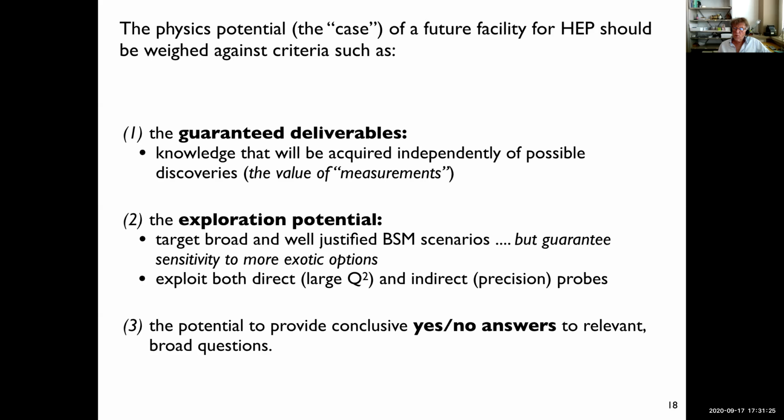Well, that is not a question that can be answered in a conclusive way. Of course, if SUSY is there and is discovered, then yes, we can conclude that it exists. But if no sign is seen, one cannot exclude categorically that it's not there, because one can always argue the mass will be slightly larger, or maybe there will be a different realization of supersymmetry breaking, but again, 100 TeV is not enough. So this would not be a good question which admits a yes or no answer, but there are other important questions for which a next facility may be able to give a conclusive yes or no answer.